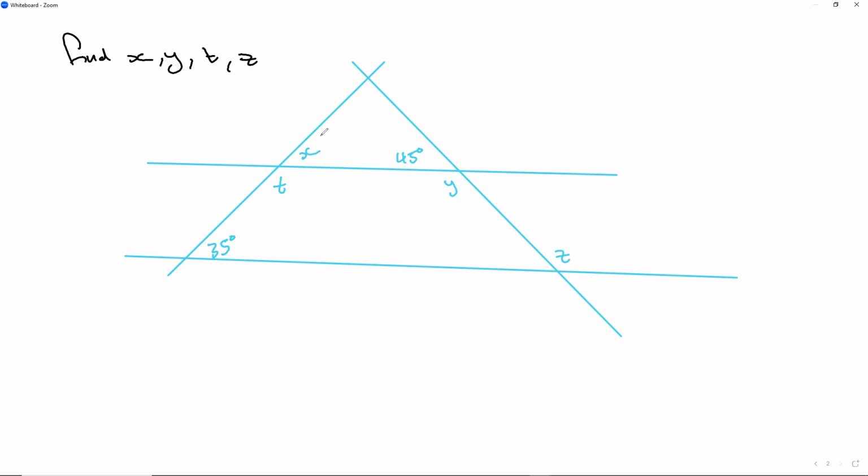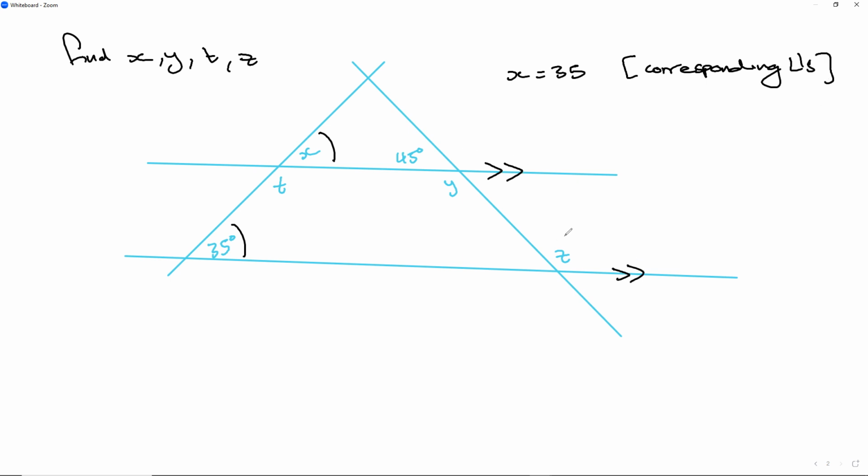The first thing I can see is that x and 35 both lie in that corner. So they're corresponding, and therefore they're equal. We write down the statement, x equals 35, and we write down the reason, corresponding angles. We can also remember that these two have to be parallel lines.